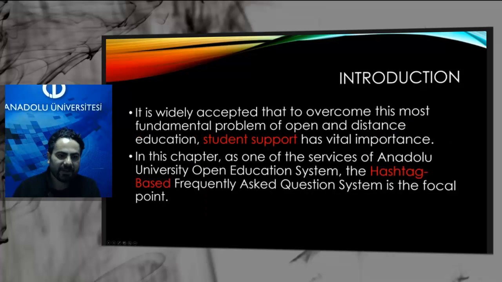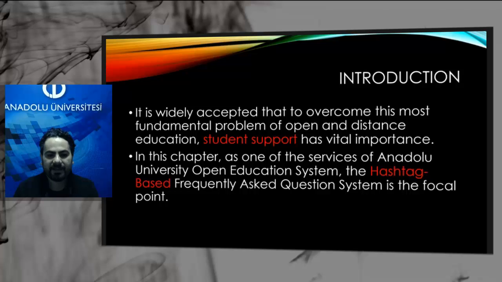And so, it is widely accepted that to overcome this most fundamental problem of open and distance education, student support has vital importance, because in distance education, students face e-learning environment problems, and e-learners of open and distance education are self-directed learners or self-learners.